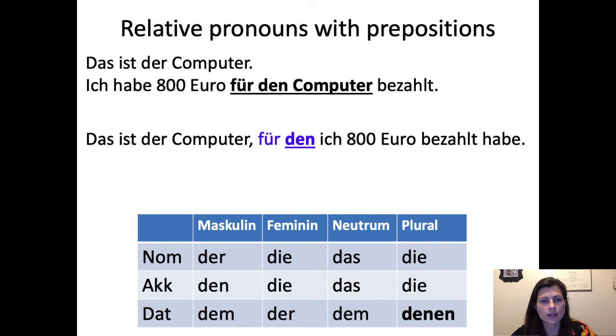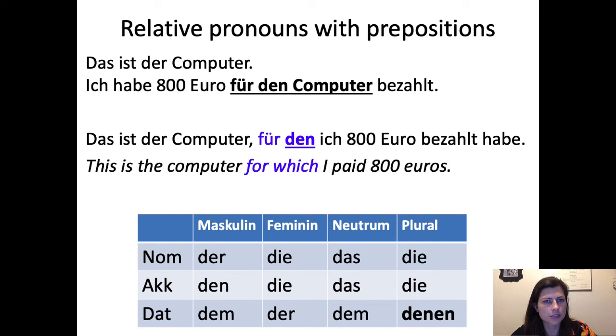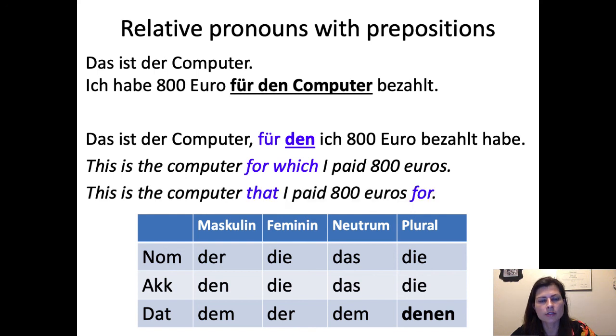And the reason we're reviewing prepositions right now is because you can also do relative pronouns with prepositions. And when you do that, you need to know what noun case goes along with that preposition, because that will help you choose the correct relative pronoun, right?